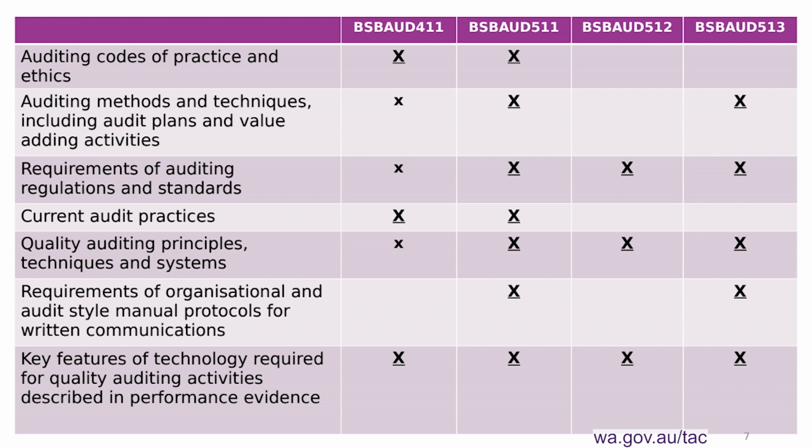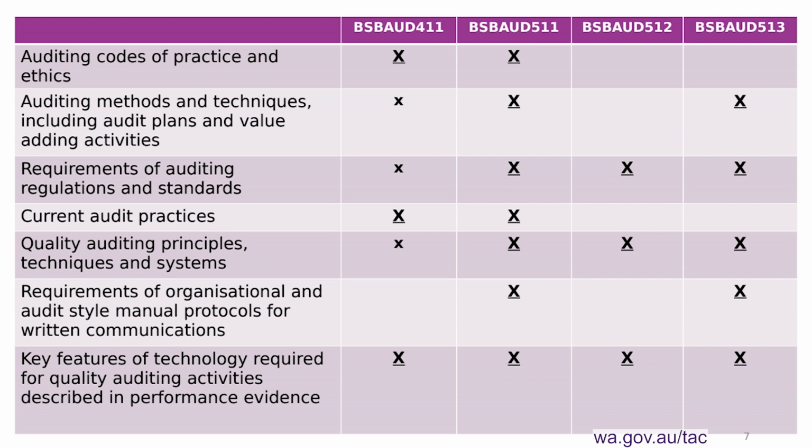With you being from RTOs, you will have all experienced an audit before, and the 3 units that you see, the 511, 512 and 513 units, really represent how an audit would happen. Those units are about initiating an audit, conducting an audit and reporting on an audit. And so they sit nicely together as units that represent a holistic job role.